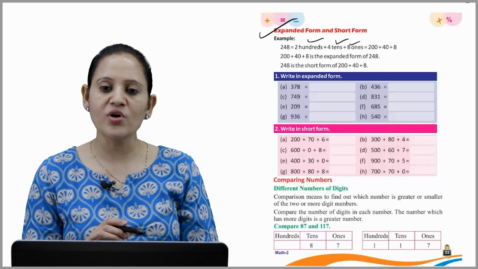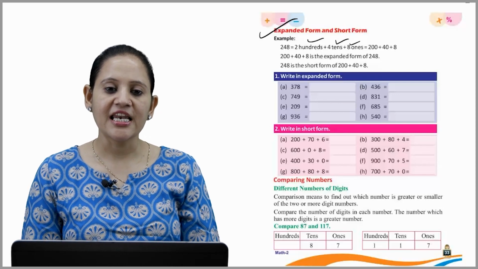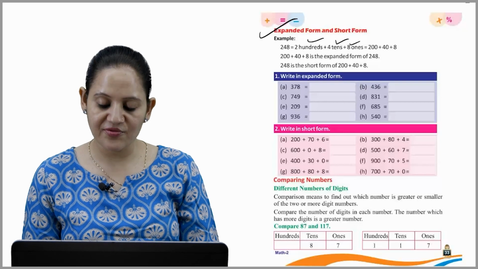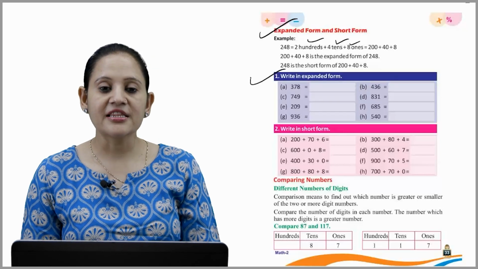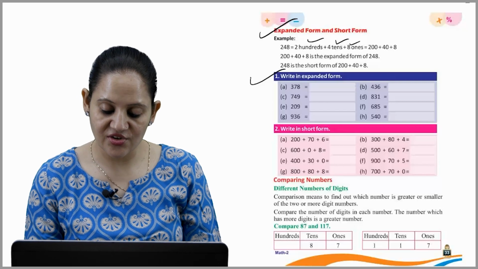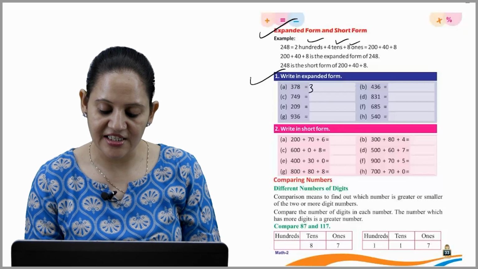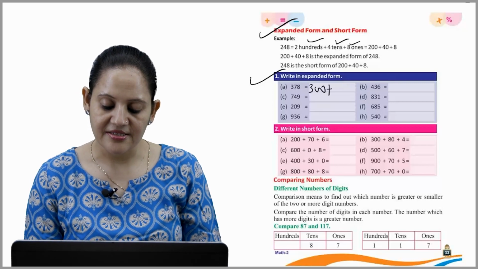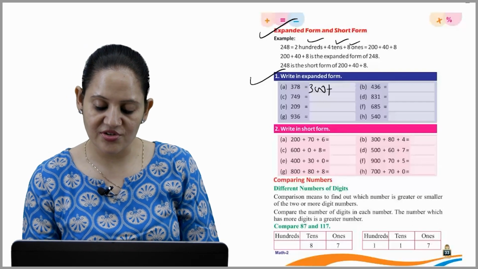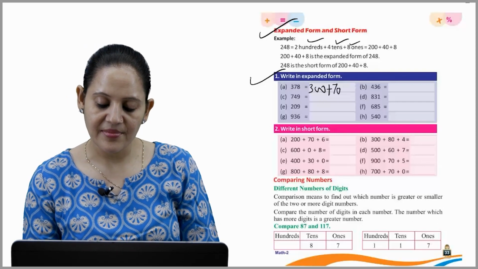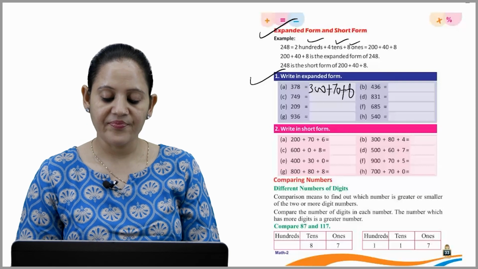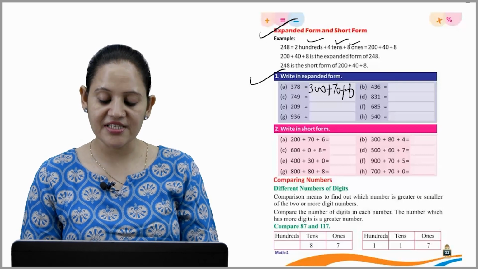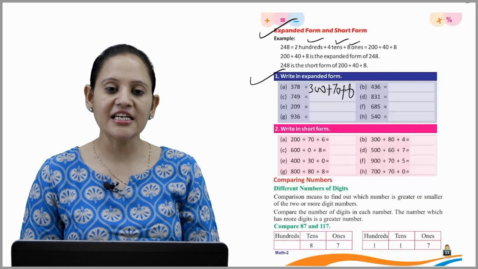That equals 200 plus 40 plus 8. Next, write 378 in expanded form: 300 plus 7 is at the tens place, so this will be 70 plus 8. Clear?